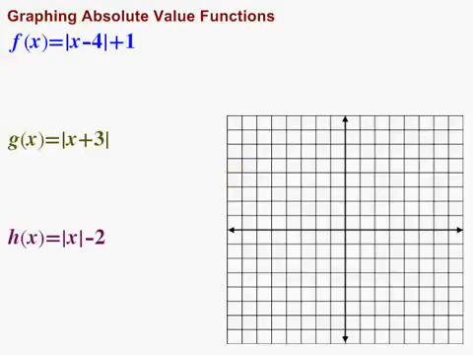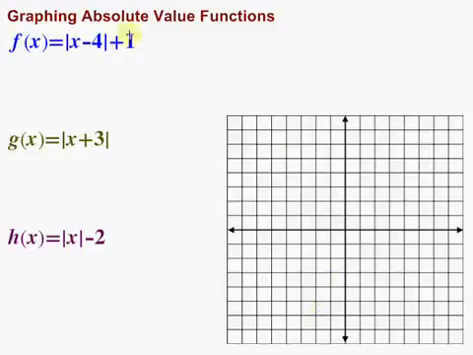First of all, it's handy to know where the vertex is to decide what values to pick, because remember, when we're graphing stuff by hand, oftentimes we'll pick values that are close in here, like 0, 1, 2, -1, -2.